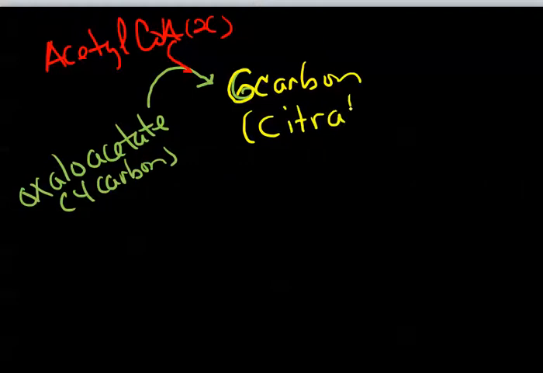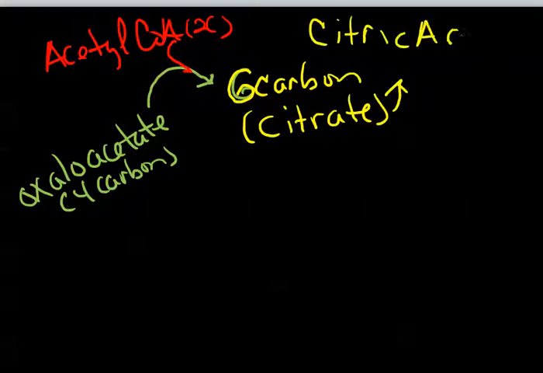Now, why I want you to know that one is because citrate is also known as citric acid. So citric acid or citrate is the first product produced by the Krebs cycle or the citric acid cycle.